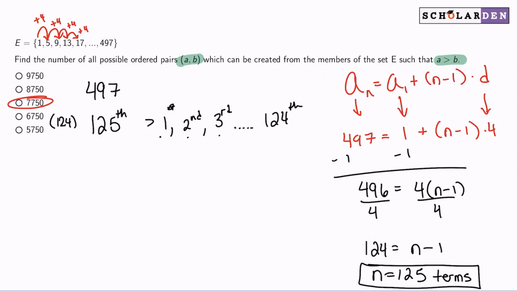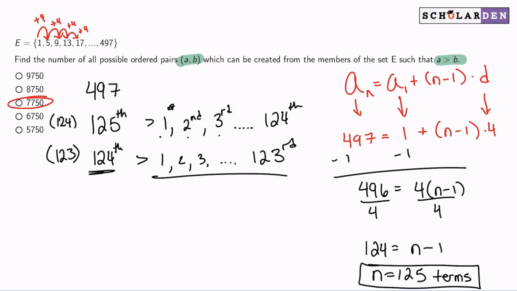Then if we go down to the 124th term, well, that's greater than the first, second, third, all the way up until the 123rd term, which would make 123 possible ordered pairs, because this could be A, and any one of these could be B. Do you see where I'm getting at now? This is going to go on and continue all the way down to the very first term.